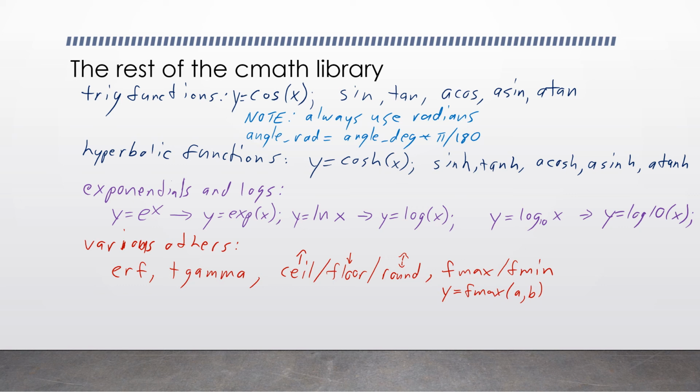Obviously fmin would keep whichever one is the minimum. And then if you want y equals the absolute value of x, that's y equals abs of x, and that's also given by the CMath library.